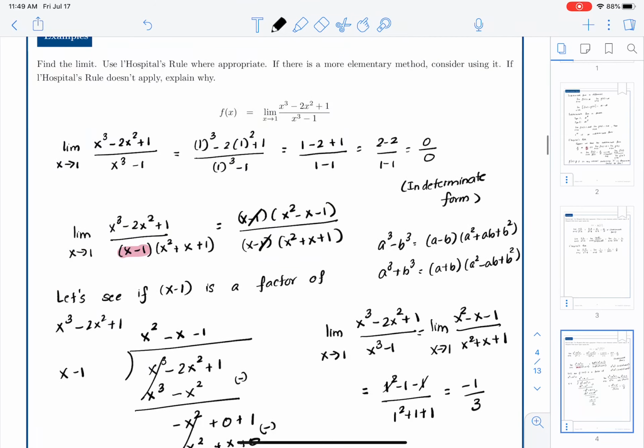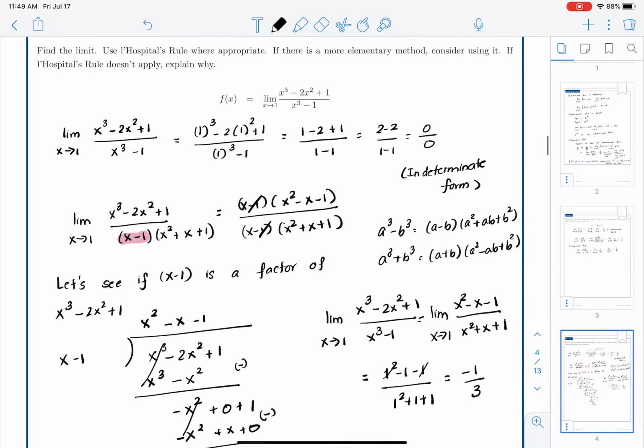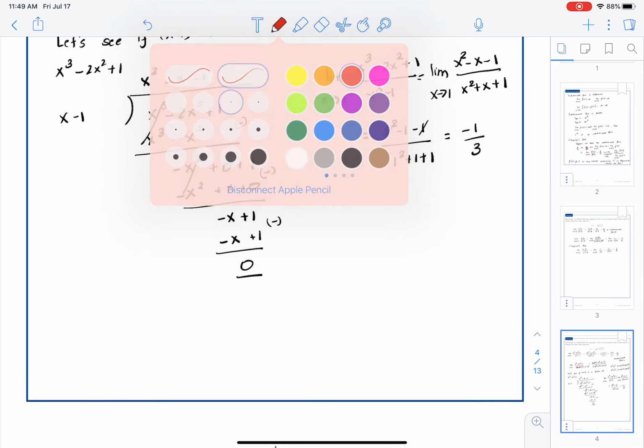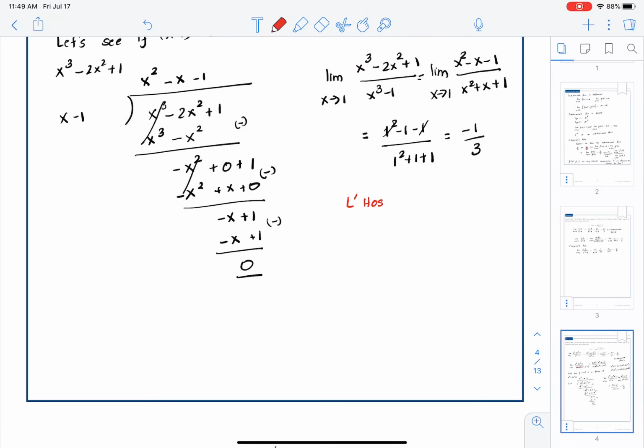Now, let's use L'Hopital's rule and see if we get the same answer. What does the rule state? If we want to find the limit, we take the derivative of the numerator, which is 3x squared minus 6x divided by 3x squared.